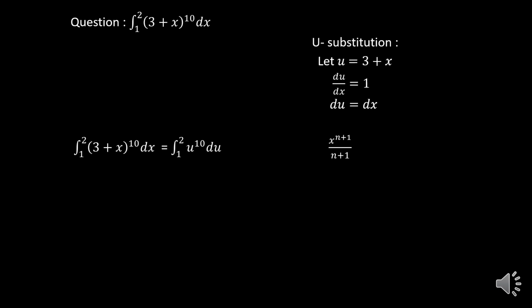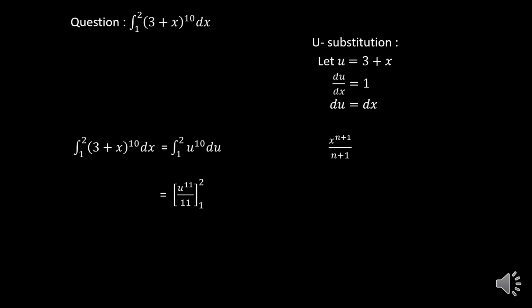Here we need to integrate this part, using the formula of integration, x to the power of n plus 1 over n plus 1. So here we got u to the power of 11 over 11, from 1 to 2.